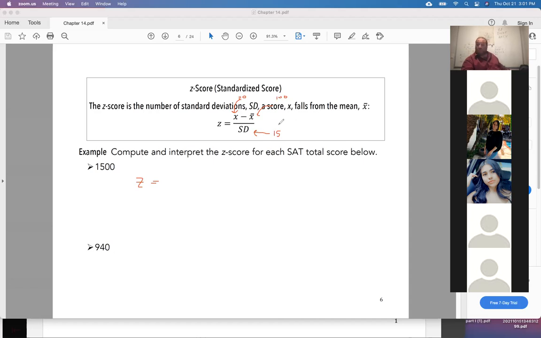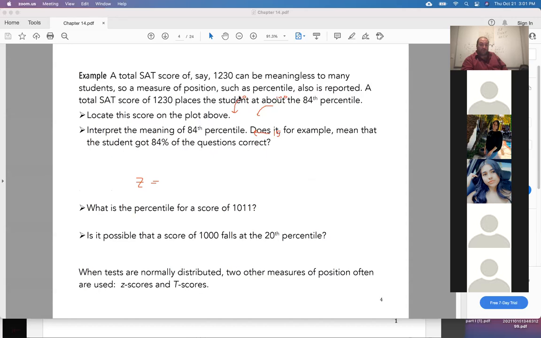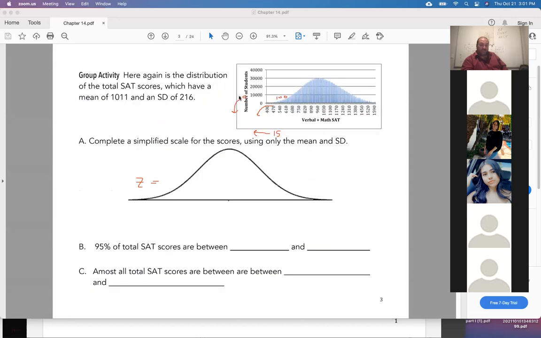These numbers were for whatever example we just looked at, which was the Wechsler intelligence scale. But if we're doing the SAT, we're going all the way back to this one, where the mean was what? 1500 minus 1443 over 200. Oh, 1443. Where's that coming from? From the third standard deviation, right?